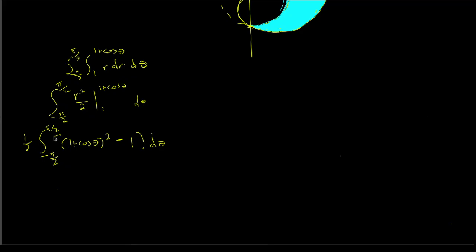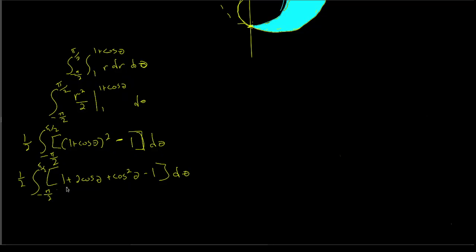Right, we bring the 1/2 out completely. All right, so let's square this. So that's 1 plus 2 cosine theta plus cosine squared theta minus 1 d theta, evaluated from negative pi over 2 to pi over 2 with a 1/2.